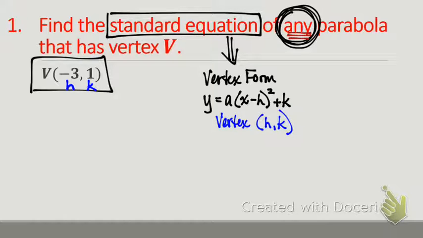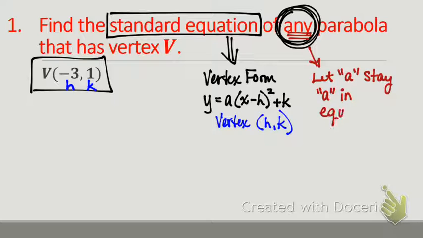The A value is allowed to be different. It might be narrower or wider. It might be reflected. We're going to let A stay A in the equation. That's how it will work for any parabola with this vertex.